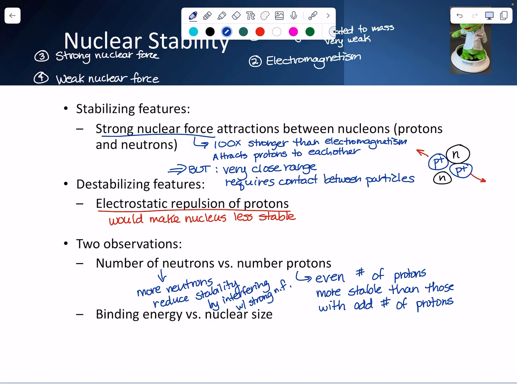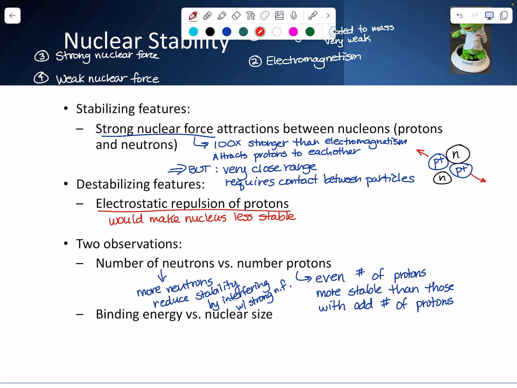The weak nuclear force, we're going to say two things about it. The weak nuclear force plays a role in the nucleus, but it has little to do with overall stability. It's called weak not because it's weak.